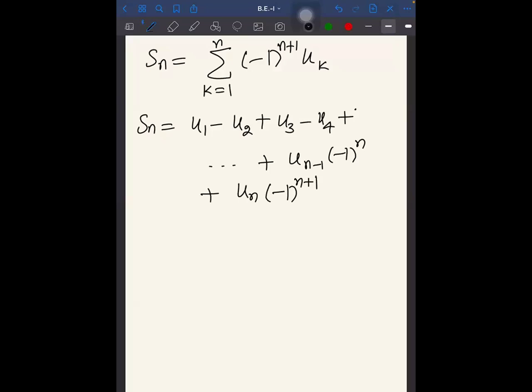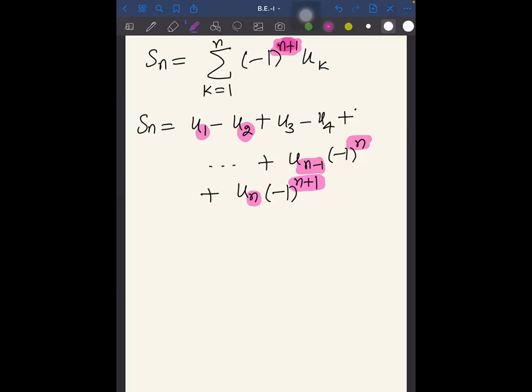Yes, sir. If you don't know, I'm repeating the things. You start from u1, so you have a positive sign, that means (-1) raised to power 2. You start from u2, so you have (-1) raised to power 3. So you have one more power of minus 1 than the index of the term. When you reach u_(n-1), you will have (-1) to the power n. And when you finally reach u_n, you don't know the value of n, so you simply write (-1) raised to power n+1.